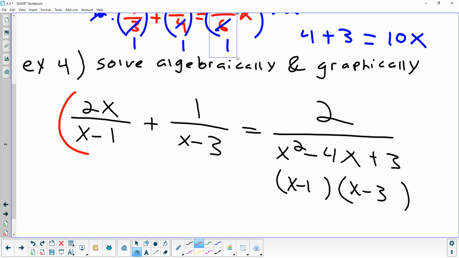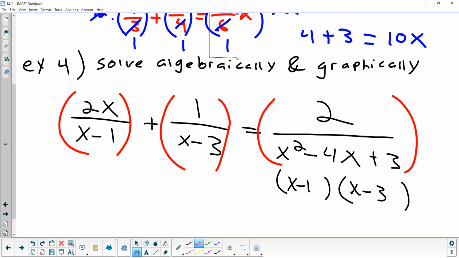So now, does anybody see what I can multiply this, and that by, and it will cancel out my denominators everywhere? Well, what would you want to multiply the first fraction by to cancel out that denominator?